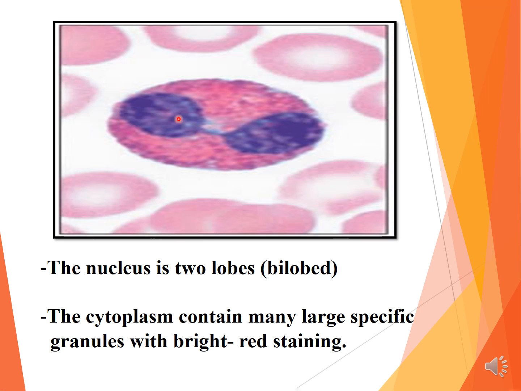The cytoplasm contains many large specific granules which appear bright red staining، ولهذا تسمى acidophils. The cytoplasm مثل ما نلاحظ يحوي على granules تكون كبيرة وتتقبل الصبغة الحامضية.